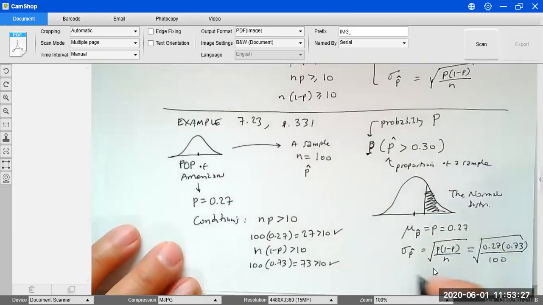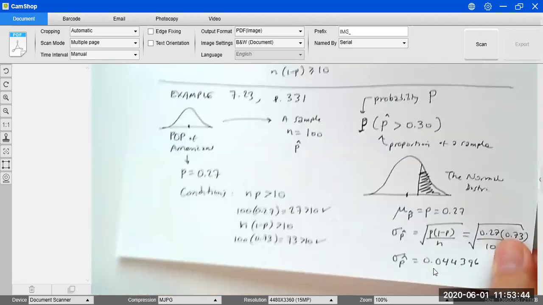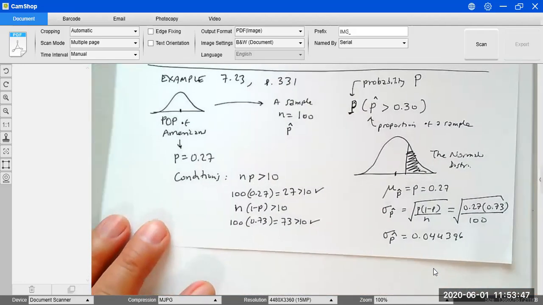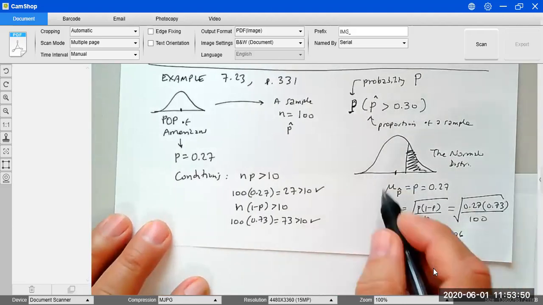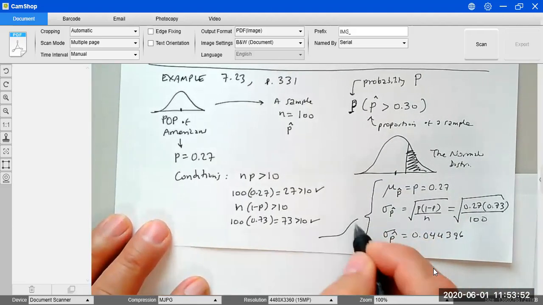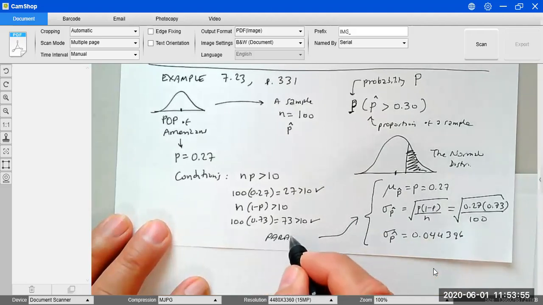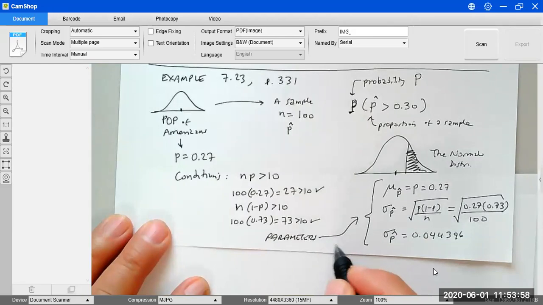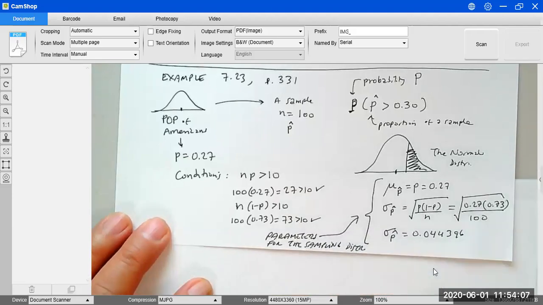If you do this operation, you're going to find that the standard deviation for this normal distribution that we use to compute probabilities related to proportions is 0.044396. Those are the parameters for the sampling distribution that we're going to use.